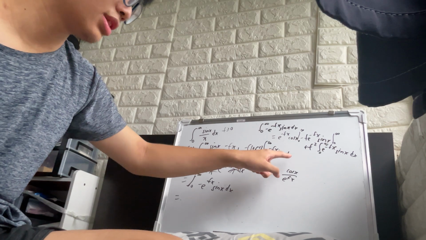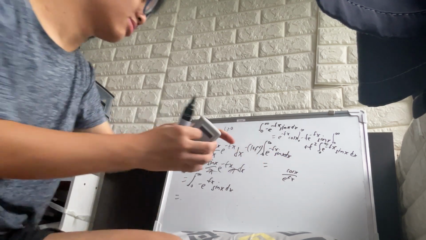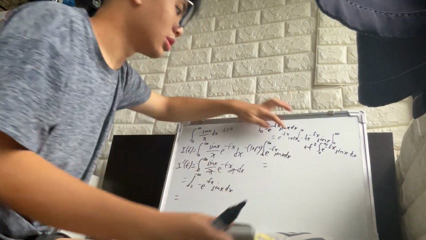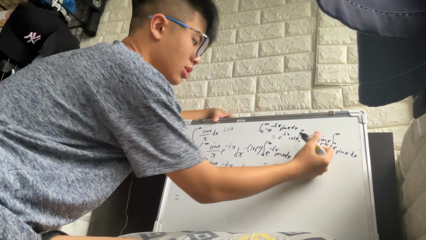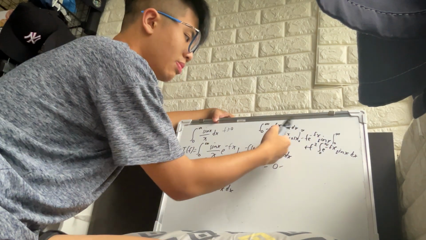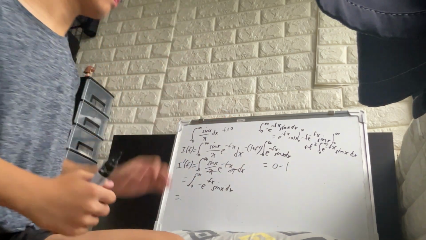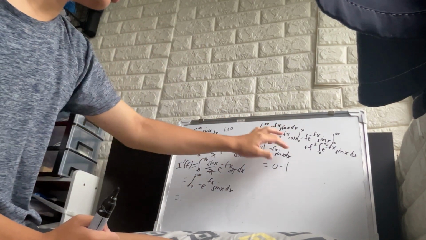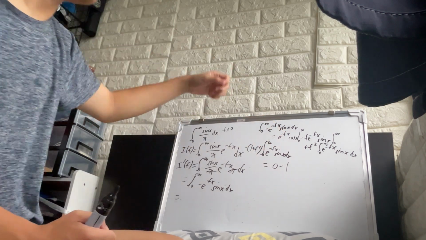So a small number divided by infinity, you get 0. Then subtract, putting 0 in: cosine 0 is 1, and e to the power of 0 is 1. So minus 1.